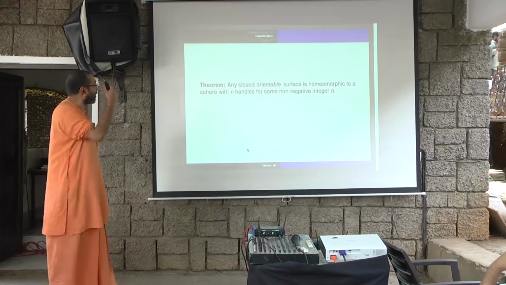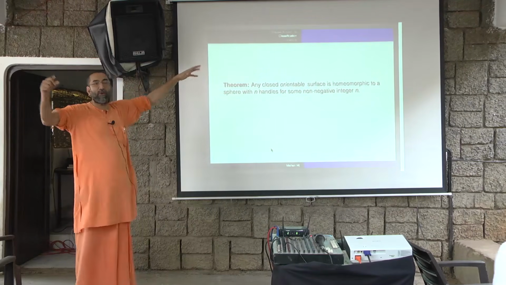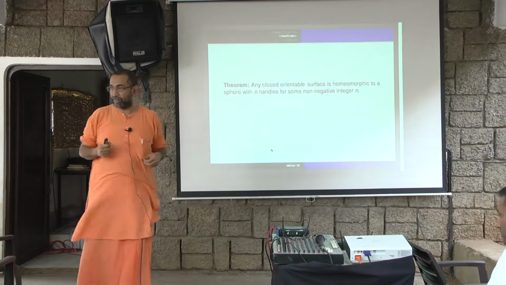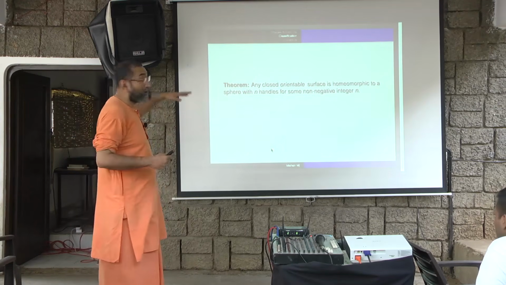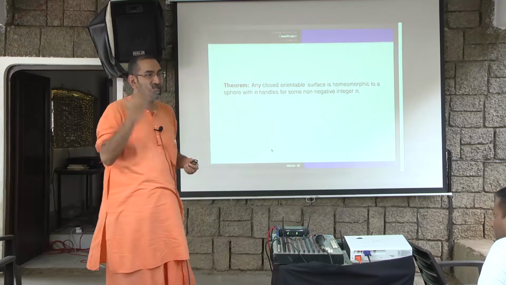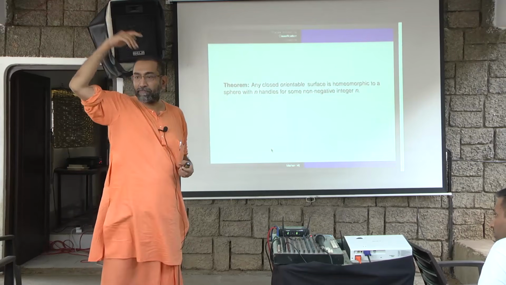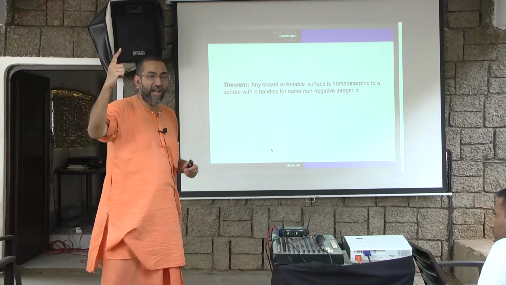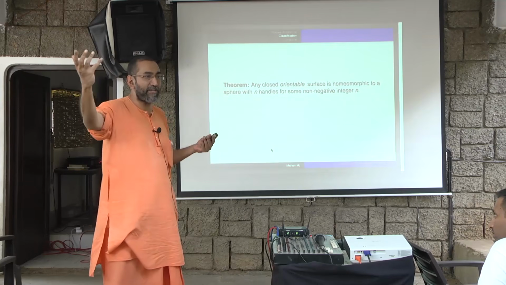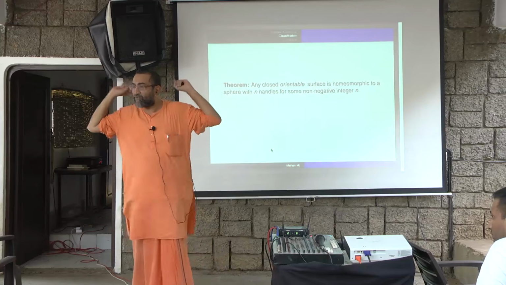Okay, so any closed orientable surface is homeomorphic to, remember that homeomorphic means this continuous deformation, a sphere with n handles attached to it, where n is a number 0, 1, 2, 3, 4 up to infinity. For each n, any positive integer you think of, there is a class, there is a docket, there is a folder.